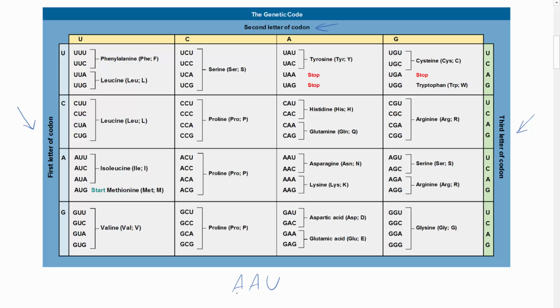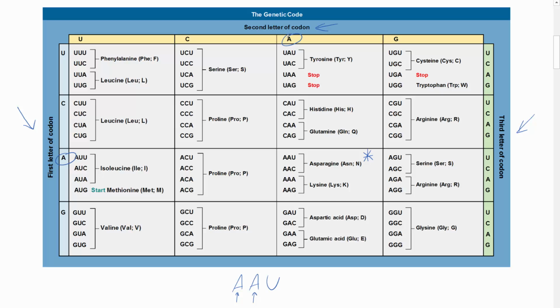So for example, let's look at AAU. So let's look for A on the left hand side of the table, and I can see it's here down in the third row. I then look across the table until I get to A on the top of the table. So now I know I'm looking at the third row, but also at the third column. So now I'm looking in this box here.